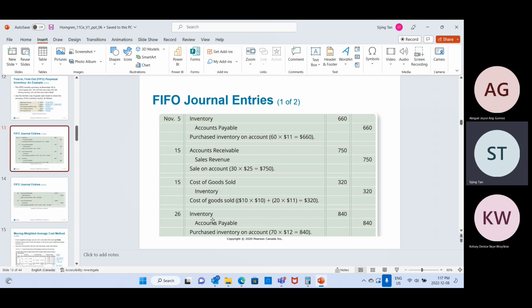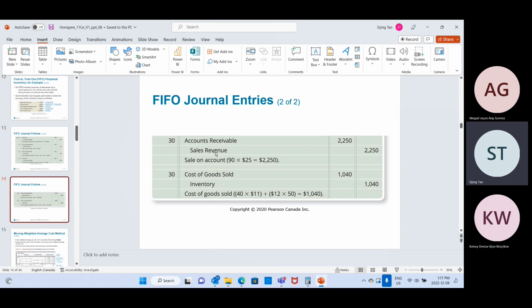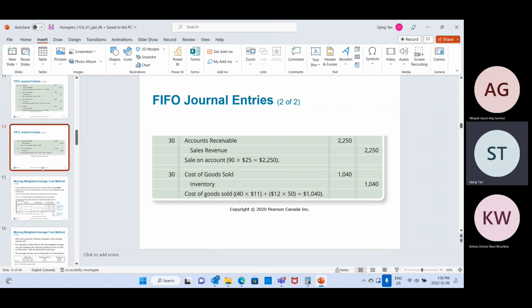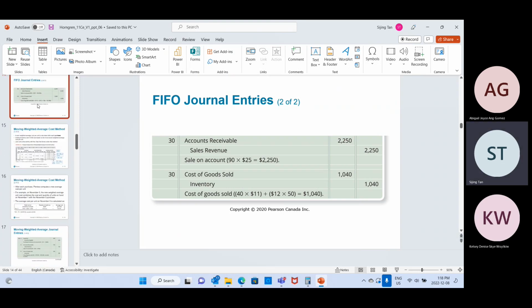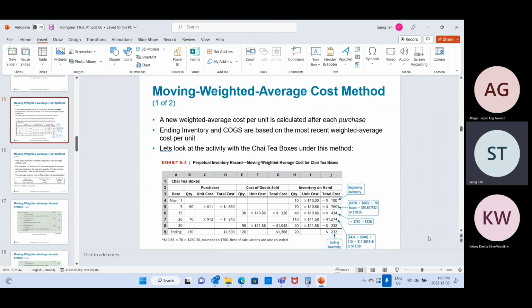And then November 26th, we purchased another 70 boxes. So we debit inventory, credit accounts payable. On the 30th, we sell 90 boxes with a debit to accounts receivable, credit sales revenue. At the same time, because we sell the inventory, we have to record the cost of goods sold as an expense. So we debit cost of goods sold, credit inventory. That is all for the FIFO method. Any questions on that?